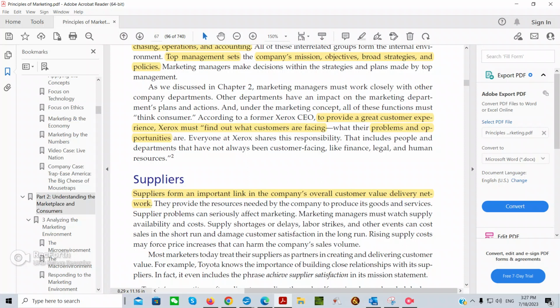Supply shortages or delays, labor strikes, and other events can cost sales in the short run and damage customer satisfaction in the long run. Rising supply costs may force price increases that can harm the company's sales volume. Why? If the price becomes more expensive, maybe some people can't afford it or won't want to buy it. Okay?